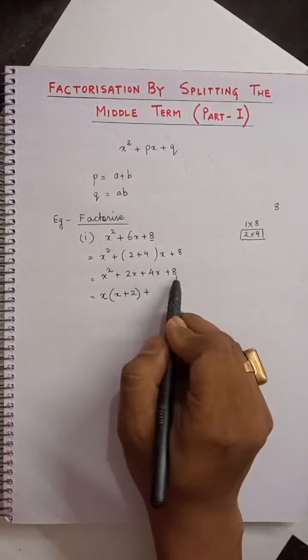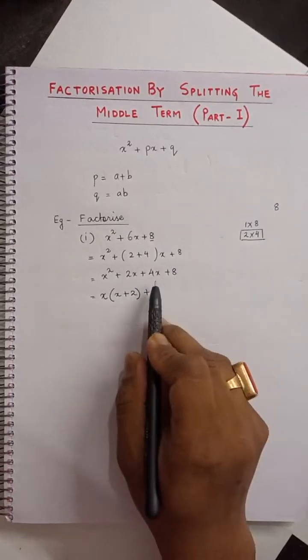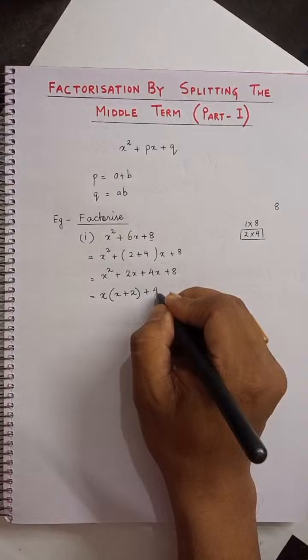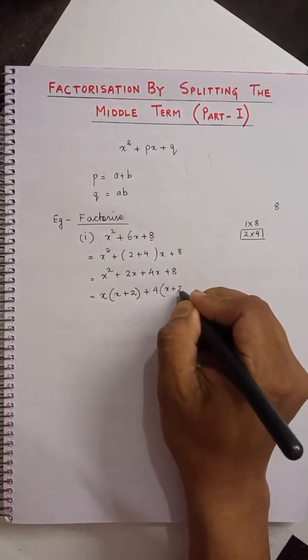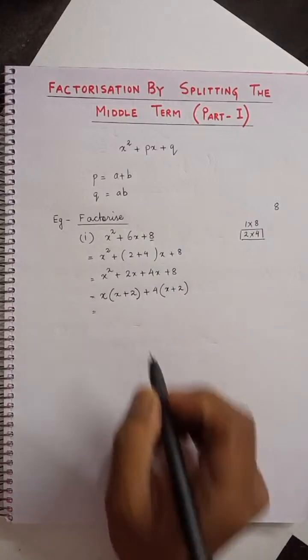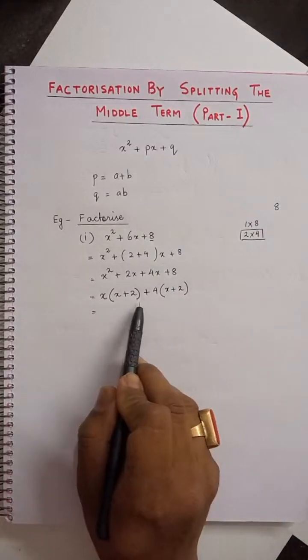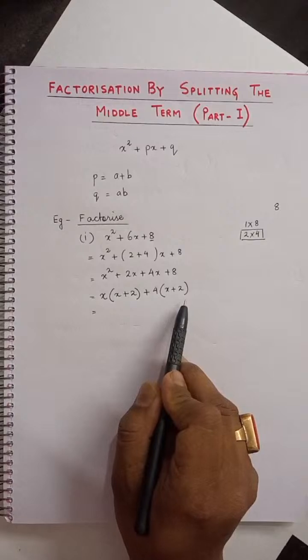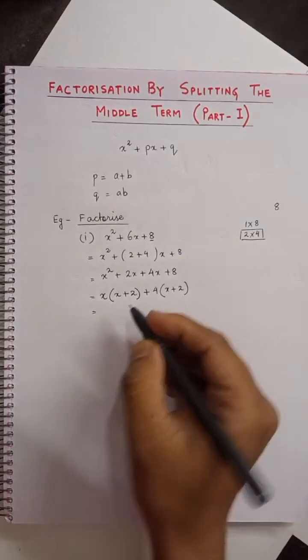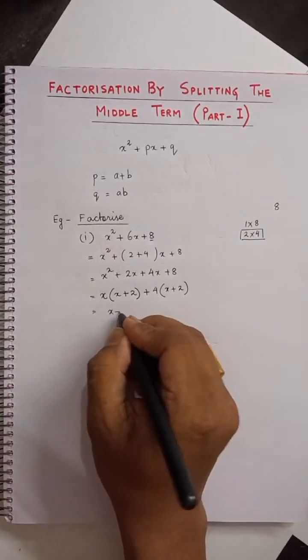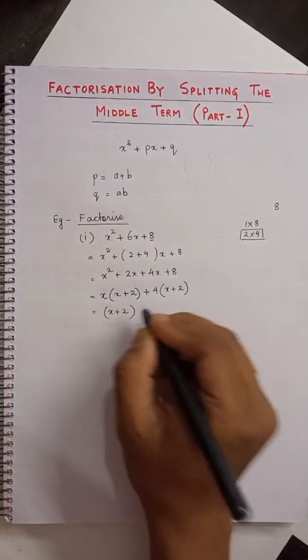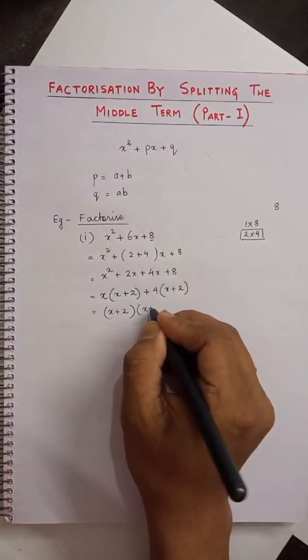Similarly, in the last 2 terms, the common factor is 4. When we take out 4 as the common factor, we are left with x and 2. So we have x plus 2 and x plus 2 as common factor, right? In the next step we take x plus 2 as the common factor, and we are left with x plus 4.